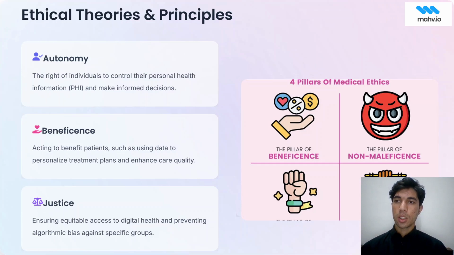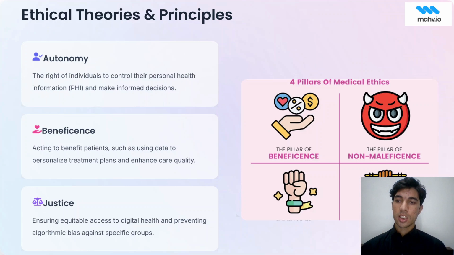First is autonomy, which is basically the individual's right to control their personal information and make informed decisions based on their knowledge. And then beneficence, that we should be acting to the benefit of the patient, for example, using their data to personalize treatment plans and enhance care quality.